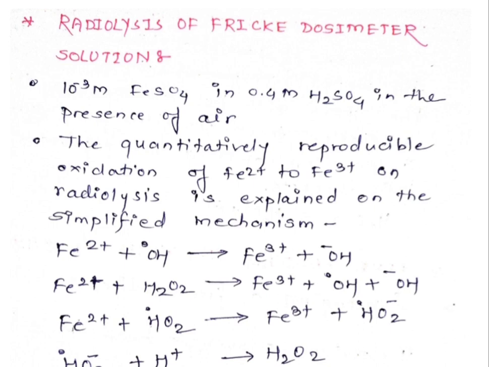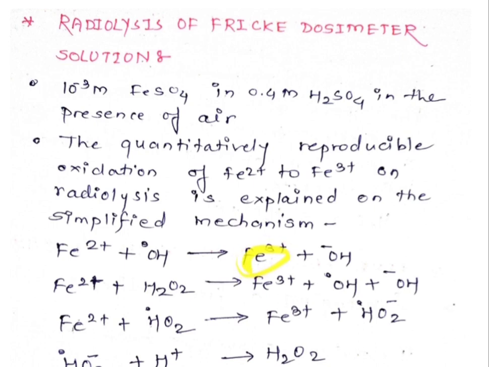As in the last lecture we have seen how Fe2+ will get converted into Fe3+ and how spectrophotometrically we have determined the wavelength and the amount of the Fe3+ which is formed. So here are the equations included in the Fricke dosimetry. Fe2+ plus OH radical gives Fe3+ plus OH minus.